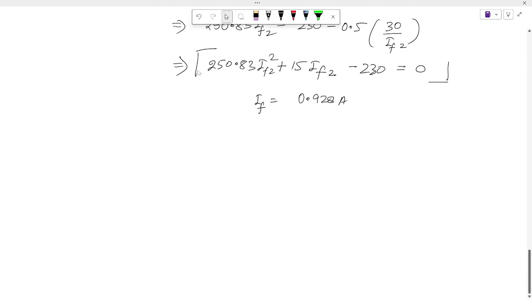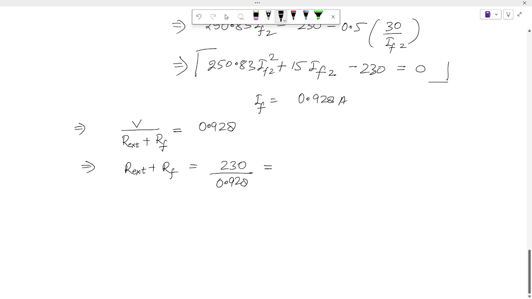Okay. So can I write this as V upon R external plus RF is equals to 0.928. So R external plus RF will become 230 divided by 0.928.